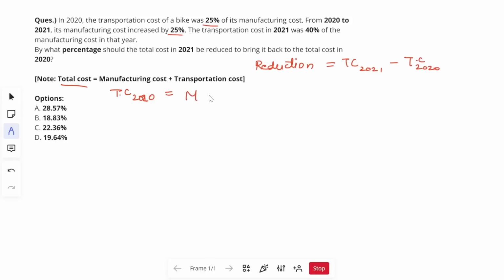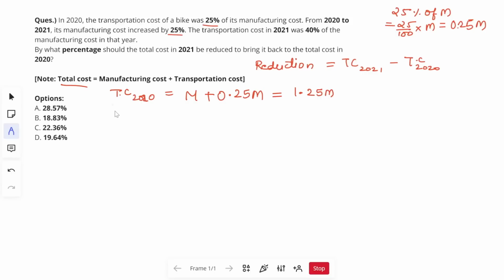Directly manufacturing cost is not given, so we are considering it M, and then 25% of manufacturing cost can be written as 25 divided by 100 into M, and further as 0.25 M. So that is how I've directly taken it as 0.25 M. Now this is the total cost in 2020. So if we simplify it, we will get 1.25 M. That is the total cost in 2020.